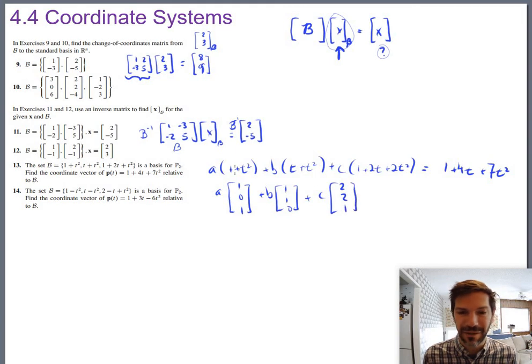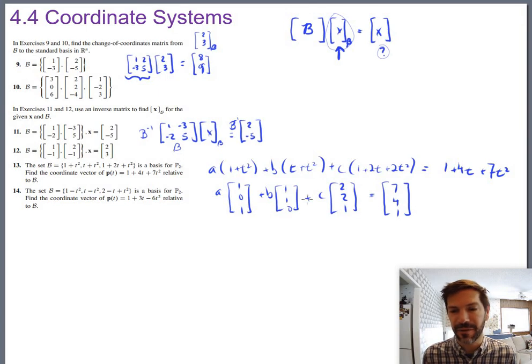If you like doing it in the order they supplied it, there's nothing wrong with that, as long as you remember where your t terms, t squared terms, and constant terms are. And that needs to come out 7, 4, 1. Now you can find the inverse and multiply both sides, or you can row reduce, or however you like to solve that sort of thing.